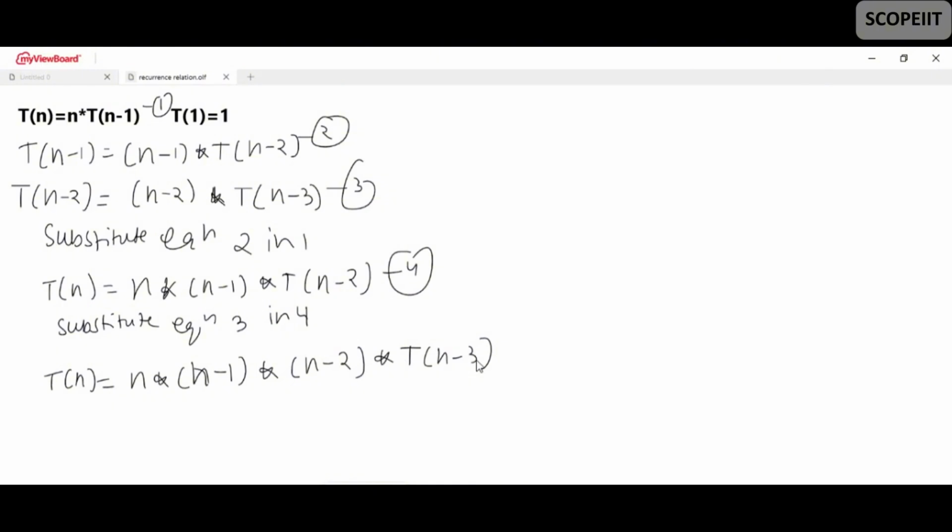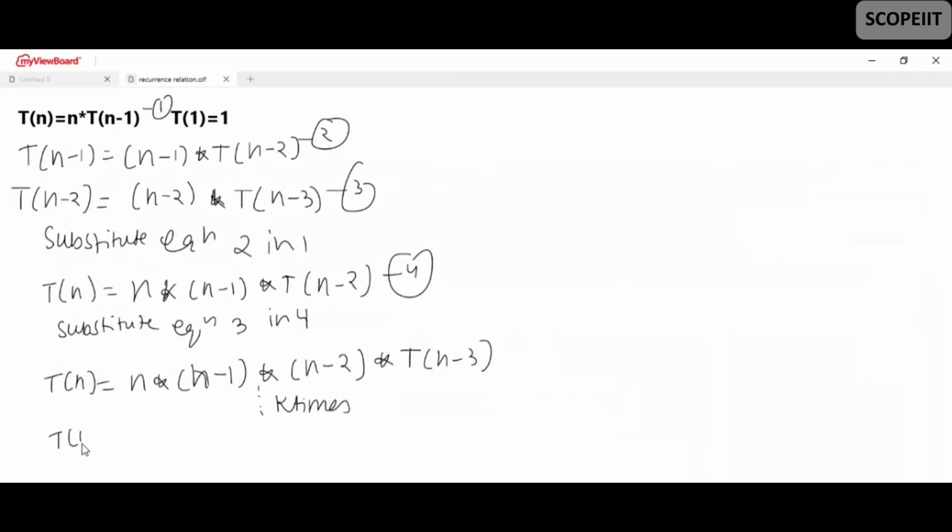Now for this one, if we make it k times, so T of n is equal to n into, so here n minus 3, I'll consider k as 3, so it will become n minus, now we have here 1, so 3 means k minus 2, into n minus k minus 3, and so on, and it will end at the multiplication n minus k minus 1, it will end over here.